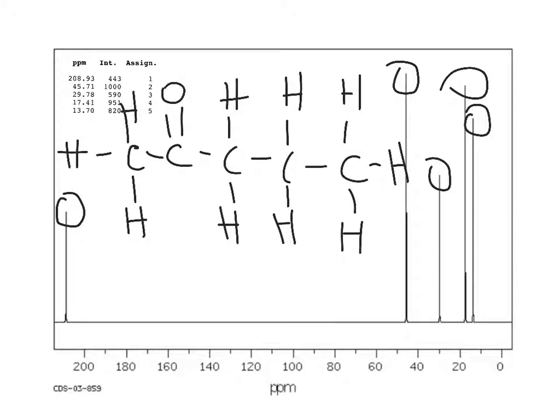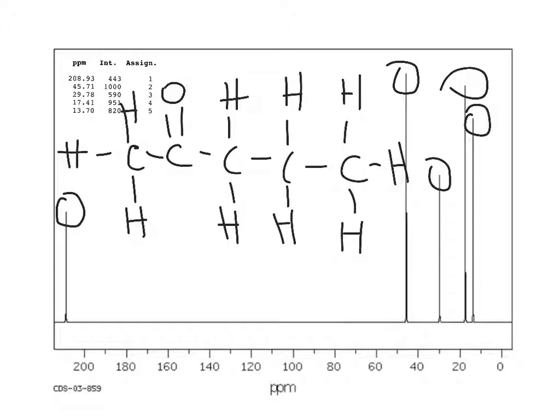So we can see here by these 5 peaks that each of these carbons, 1, 2, 3, 4, 5, are all in different environments, signified by each of these peaks here.